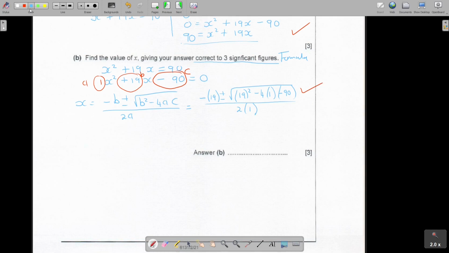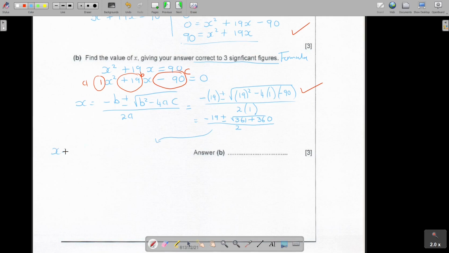Okay, and now I simplify. So it's negative 19 plus minus the square root of 361 plus 360, and that is over 2. This would have been nice if I continued, but say you come to a point and you want to just continue, I think they will just follow you, don't worry.